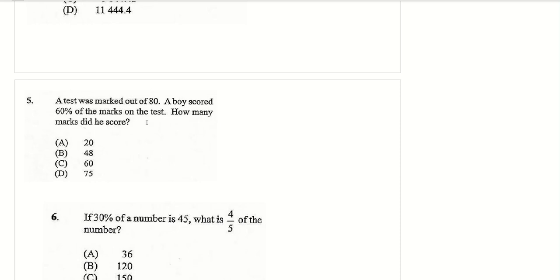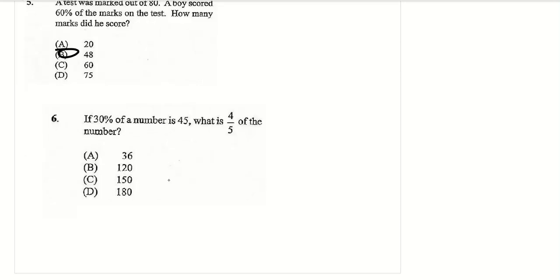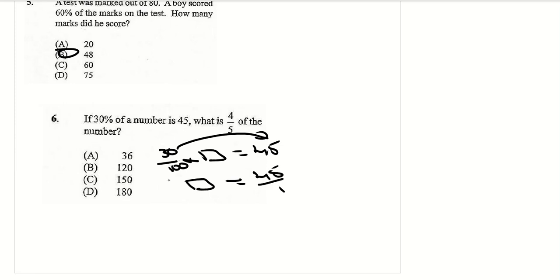5 is a repeated question. They want to know what is 60% of 80, which is 48. 30% of a number is 45. What is 4/5 of that number? So 30 over 100 multiplied by some number is 45. We want to know that number. That number would be 45 over 1 divided by 30 over 100, which is 45 over 1 multiplied by 100 over 30. 5 into 30, 6. 5 into 45, 9. 3 into 6, 2. 3 into 9, 3.